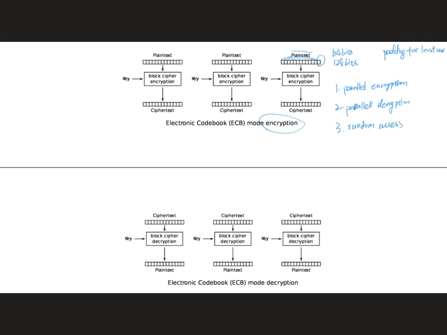Since there is no relationship between the ciphertext of the first block or the second block or the third block, they are totally separated. And for the decryption, it's the same thing, with no relationship between the different blocks of the ciphertext, so no relationship between the different plain text of the decrypted plain text. So we can do the decryption for the different blocks separately, then concatenate them together as the final plain text.